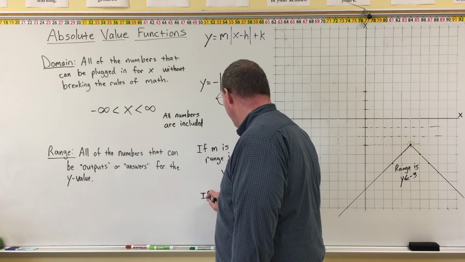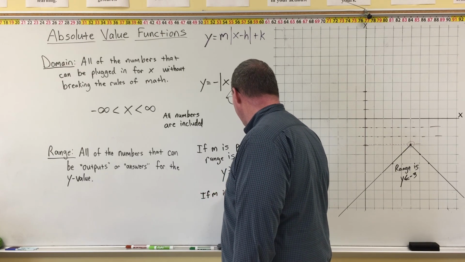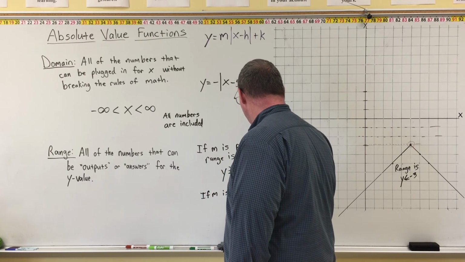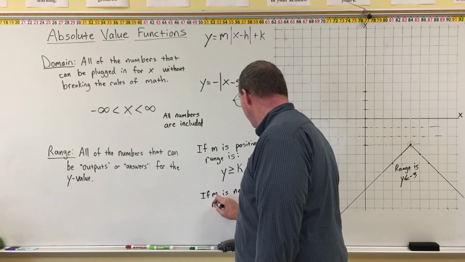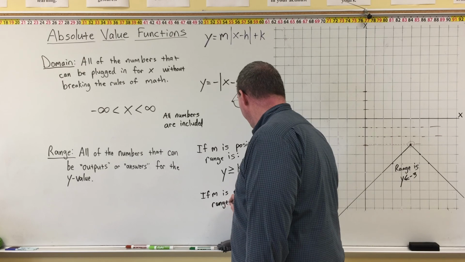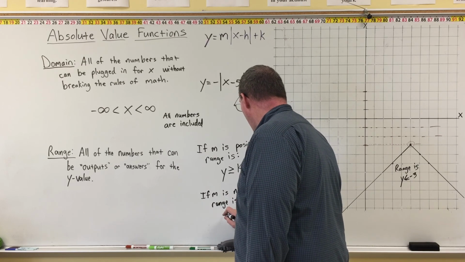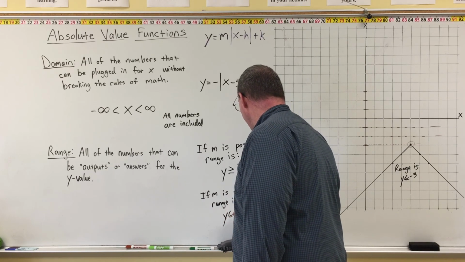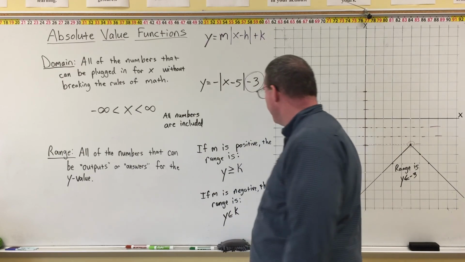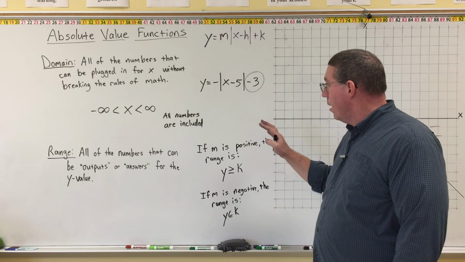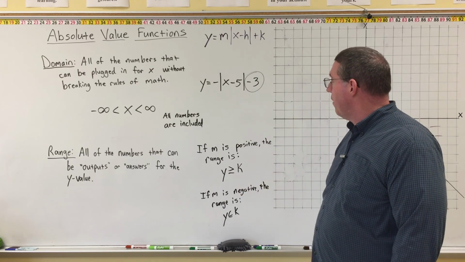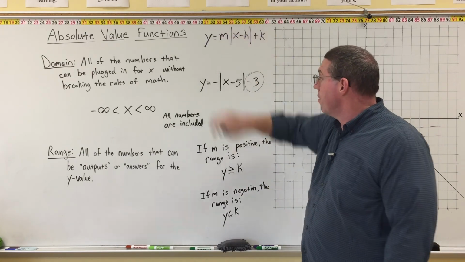If m is negative, the range is y is less than or equal to k. And that is all. That's how you identify the range of an absolute value function that is in this form.